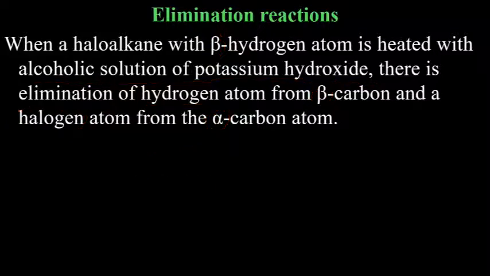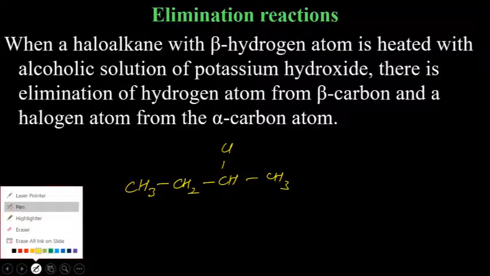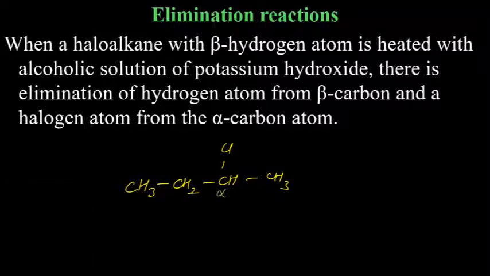So if I write CH3, CH2, CH, Cl, CH3, in this case this carbon is the alpha carbon, and these two carbons are beta carbons because these are adjacent to the alpha carbon.